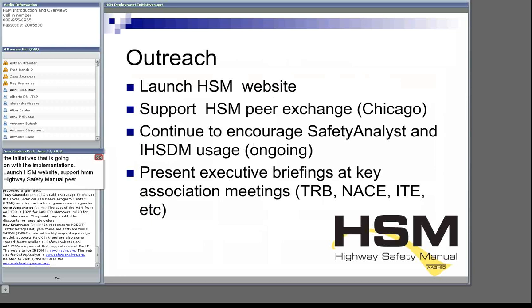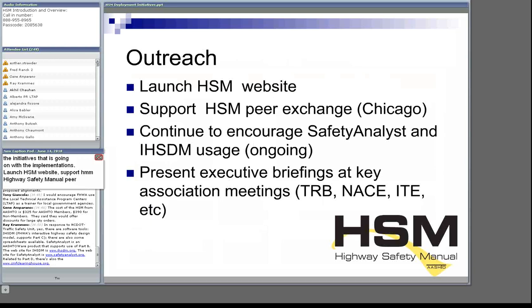to improve the safety for all of our projects. We are going to be presenting executive briefings throughout the year. I think we just came back from Spain, and there was some talk there of HSM, so it's a very exciting time for us. For technical assistance, AASHTO is going to be the first line of defense for Safety Analyst since they've had that since February of this year.